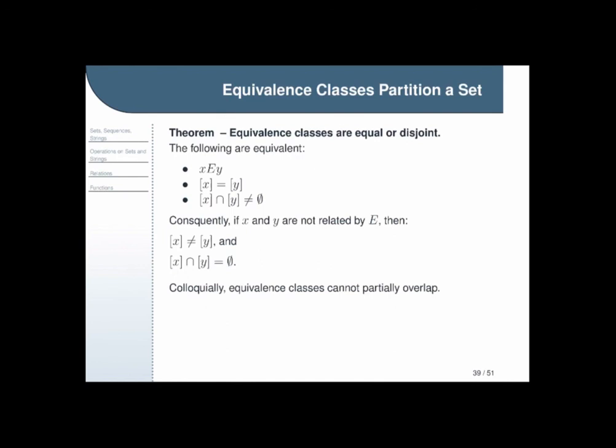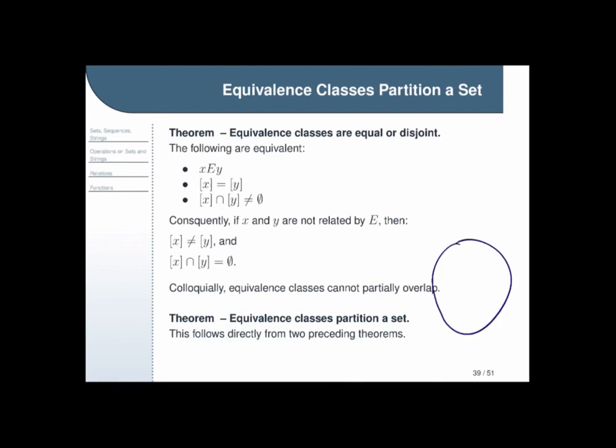If you add together these previous two theorems about equivalence classes, you get our final theorem about equivalence classes, which is that equivalence classes partition a set. What we've done here is we said that the union of equivalence classes, remember, makes up the whole set. So if we take the union, we get the set back. And we also said that there's no way for anything to ever overlap.